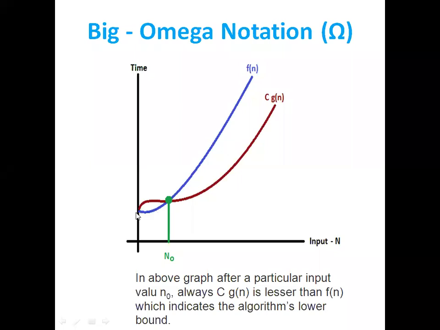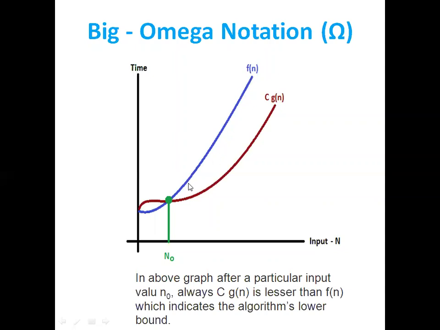The brown color shows the actual or expected time complexity, whereas f of n, this blue color line, shows the practical time complexity.